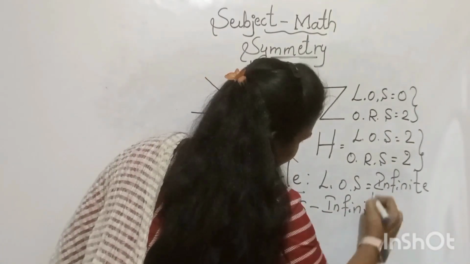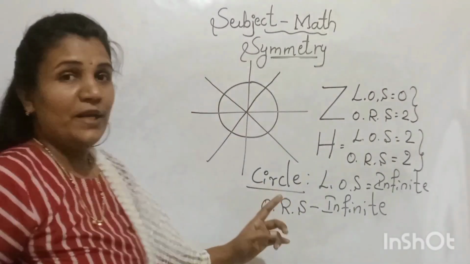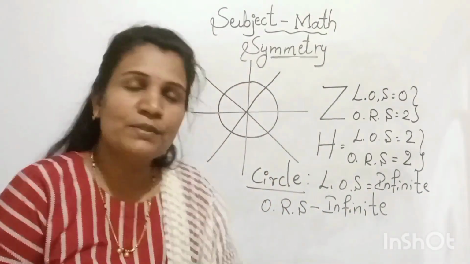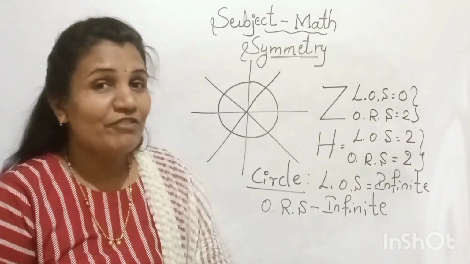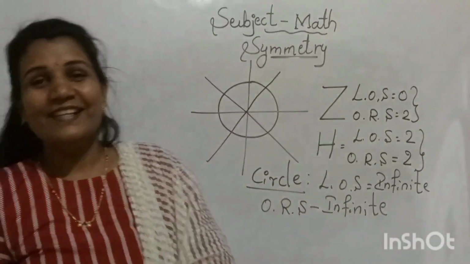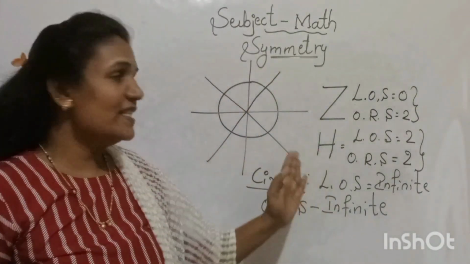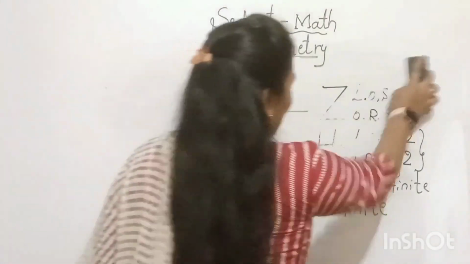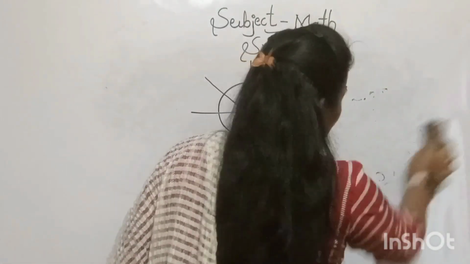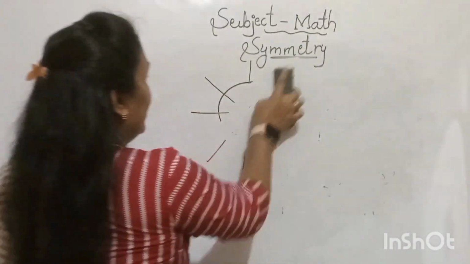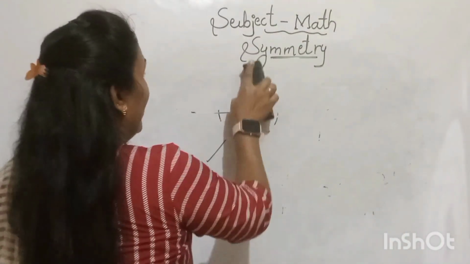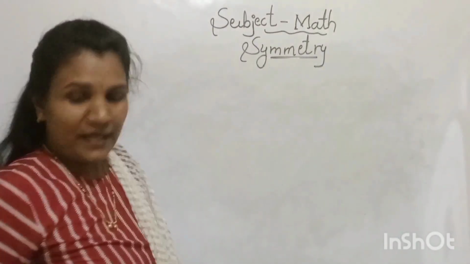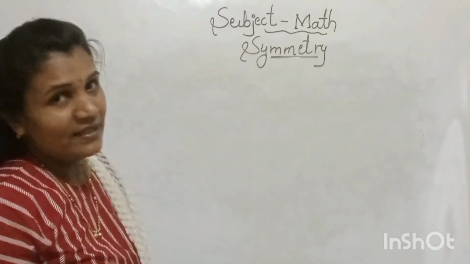It means the circle has infinite lines of symmetry and infinite order of rotational symmetry. Like this we'll take one or two other shapes to see the order of symmetry and lines of symmetry. Order of symmetry is nothing but order of rotational symmetry.